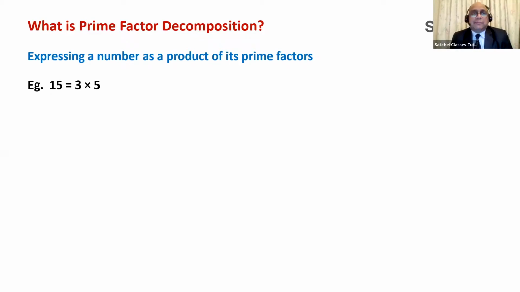That simply is the prime factor decomposition of 15. 12 can be written as 2 times 2 times 3, right? 2 times 2 is 4, 4 times 3 is 12. So 2 times 2 times 3 is a prime factor decomposition of 12. Likewise, we can write 8 as 2 times 2 times 2. So that is a prime factor decomposition for 8.